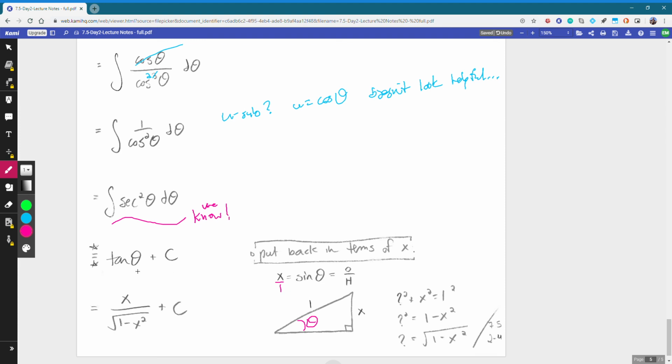And then tangent wants the opposite over adjacent, so we do need to figure out that adjacent side. Just using the Pythagorean theorem, we can get its root 1 minus x squared. So popping in the opposite x over the adjacent, our root there, we get everything back in terms of x, and this is a nice clean form to leave everything in.